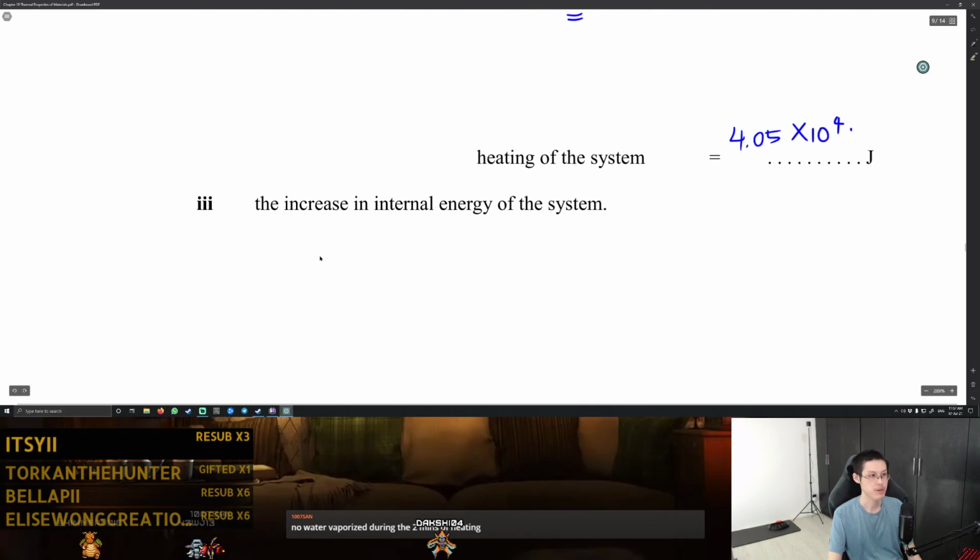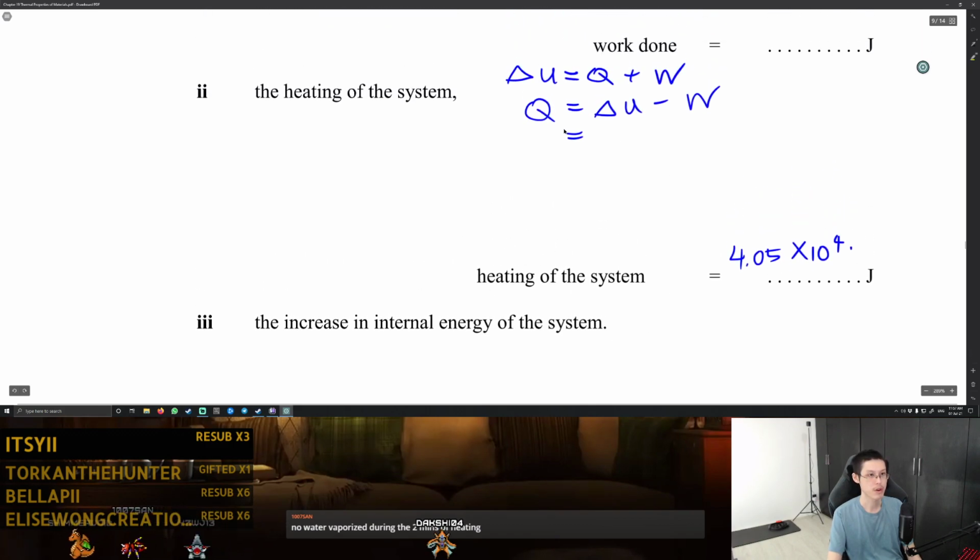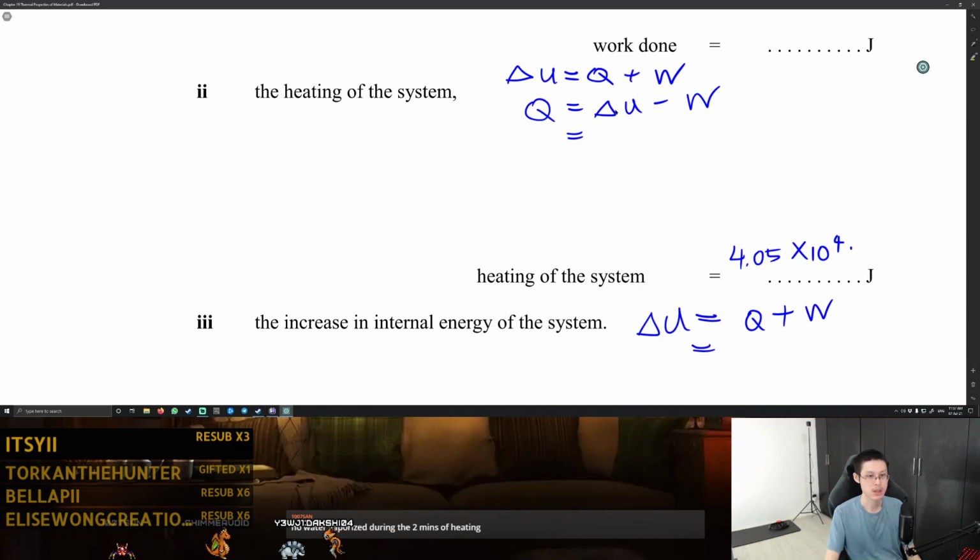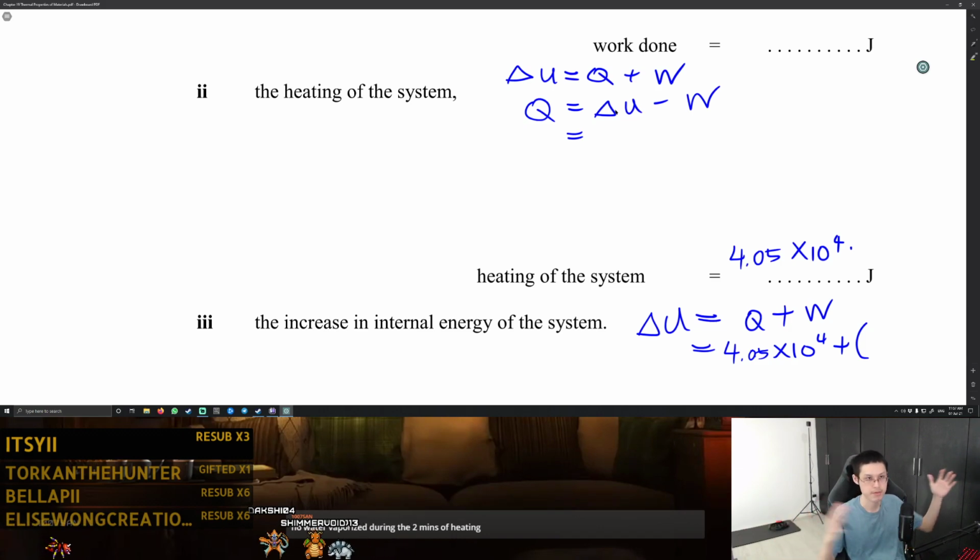Now we have to find the increase in internal energy of the system, so we have to find delta U. To find delta U, you use the first law of thermodynamics, which is Q plus W. Q is going to be positive because you are supplying heat into the system, so 4.05 times 10 to the power 4. W is going to be negative because work is being done by the system, so it's expanding.